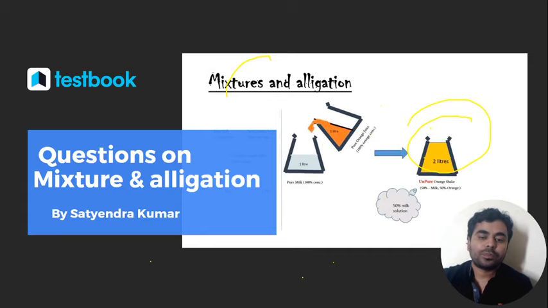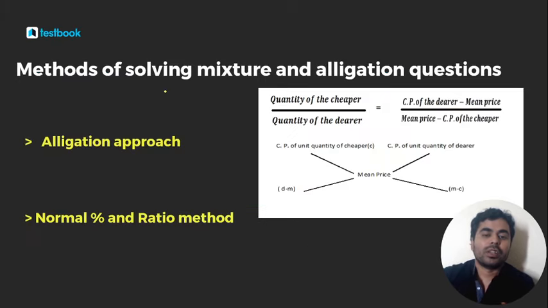In this session, the methods we are going to use to tackle problems related to mixture and allegation are: the first approach is the allegation approach, which many of you students would be familiar with. The other method is the normal, percentage and ratio method, like equation forming and such things.